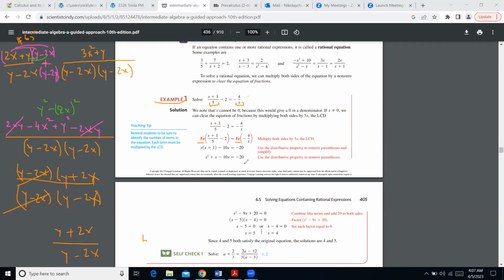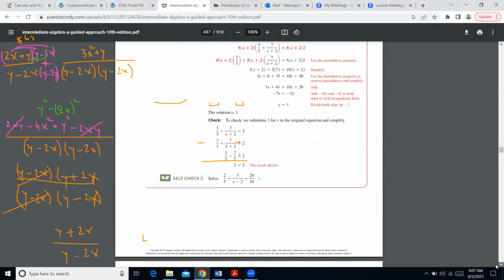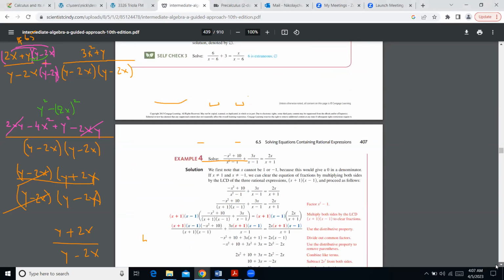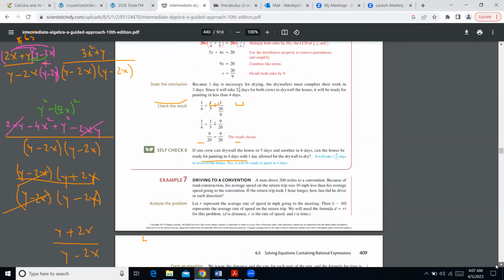And when they do this, notice they end up with an equation without any denominator at all, because the denominators cancel. So when you solve equations, the method is totally different, because you can clear or get rid of your denominators. And if you don't have denominators, well, the equation becomes much nicer. And that's the only thing that we need to keep in mind.